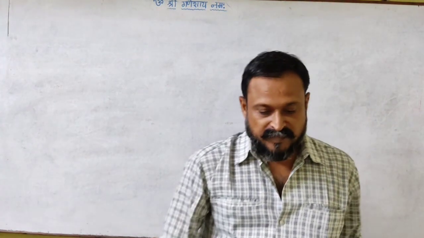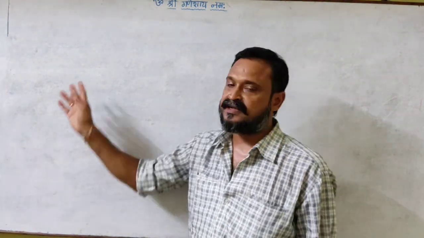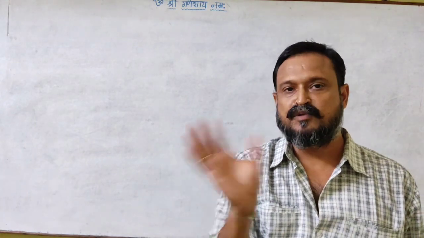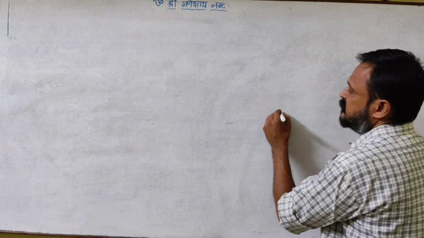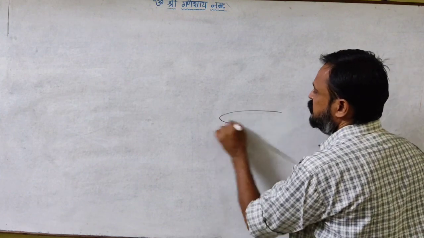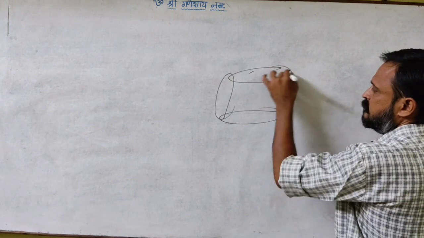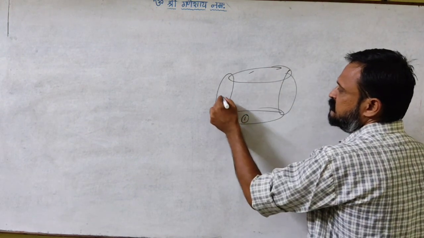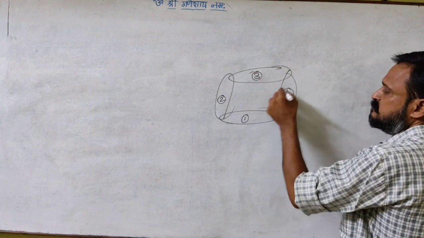So now in a mechanism, we have just seen the instantaneous center by understanding motion of only a single body. Now if we consider a mechanism, there will be a number of links involved. Say this is link number 1, this is link number 2, this is link number 3, and this is link number 4.